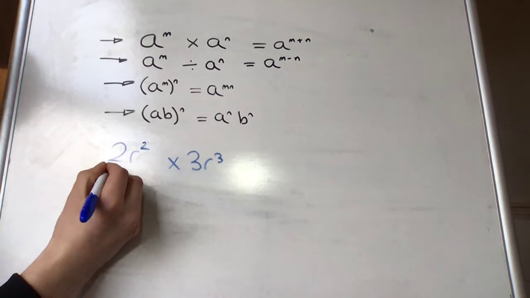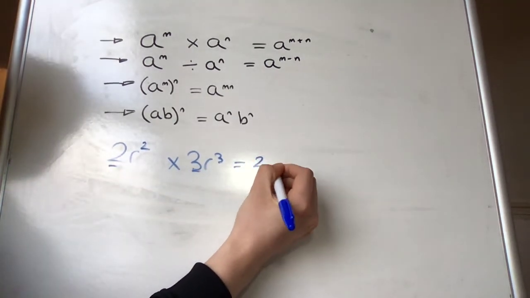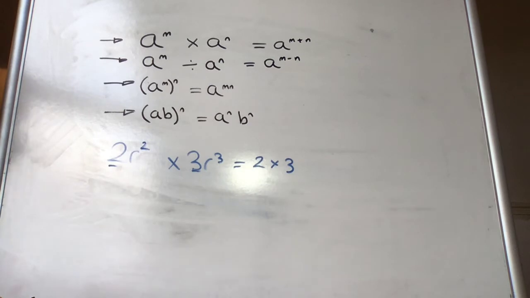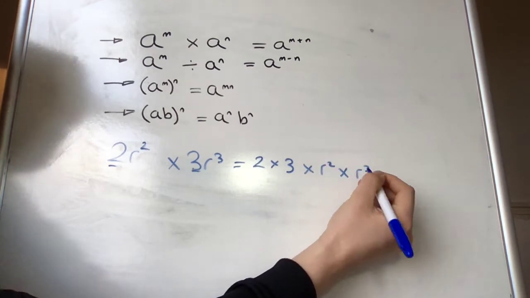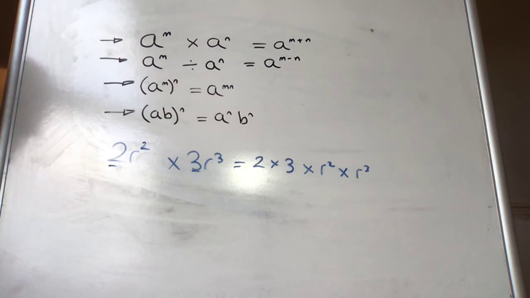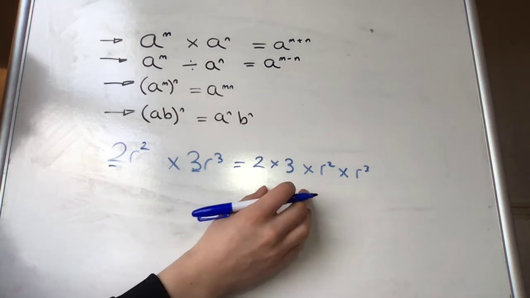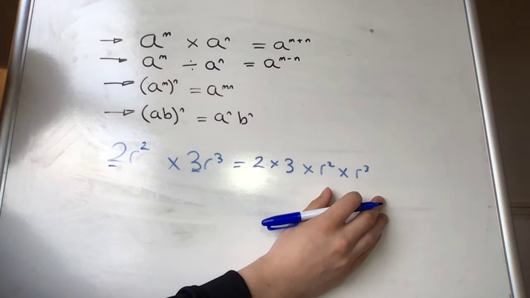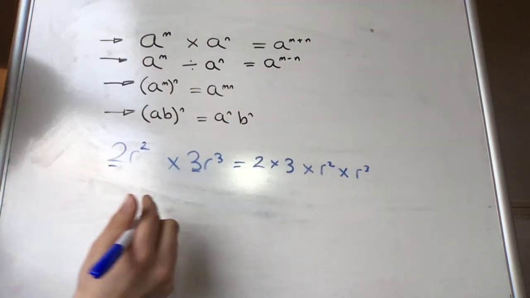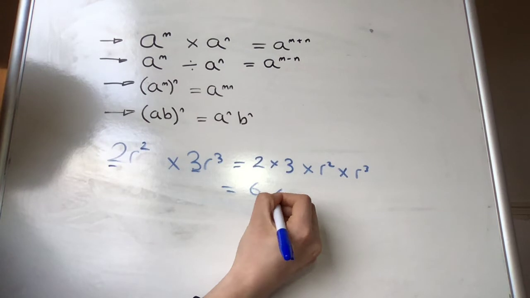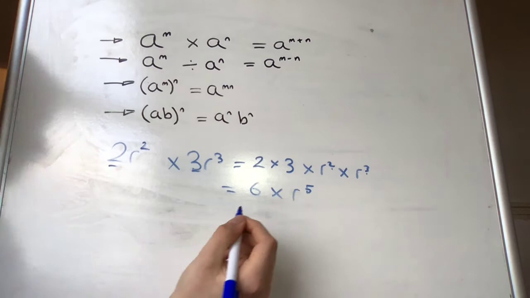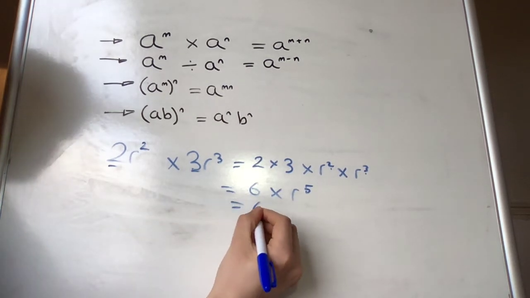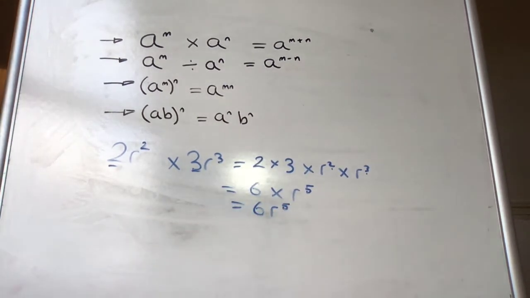So we've got a 2 and a 3, which is 2 times 3, and we also put the r terms together, so times r squared times r cubed. Then it's simply a matter of some simple multiplication and using the first law again. So this would equal 6 times r to the power of 2 plus 3, which is 5, and therefore that equals 6r to the power of 5.